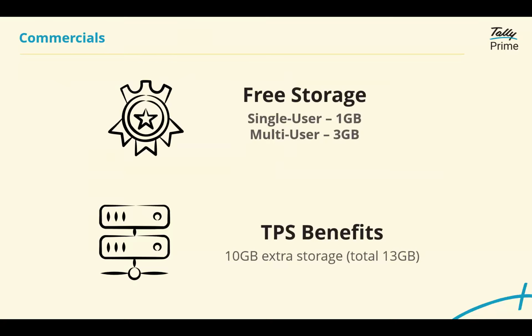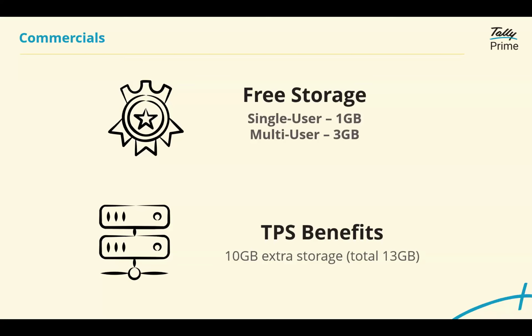And now coming to commercials. As a Tally license user, you will get free storage, that is TallyDrive's free storage of 1 GB if you have a single user license, and 3 GB for multi-user if you have a multi-user license.